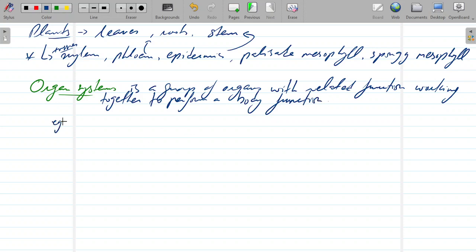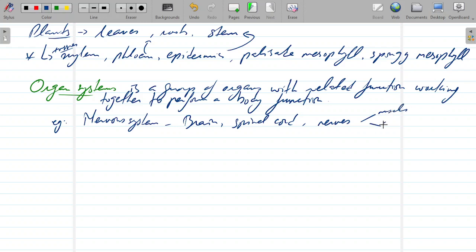Examples of organ systems are the nervous system, which includes the brain, the spinal cord, and the nerves primarily. And these nerves are all over the body, going to muscles, organs, everywhere. Then you've got the digestive system, and you've got plenty of organs over here.